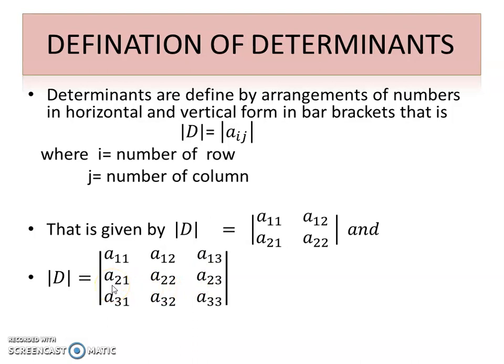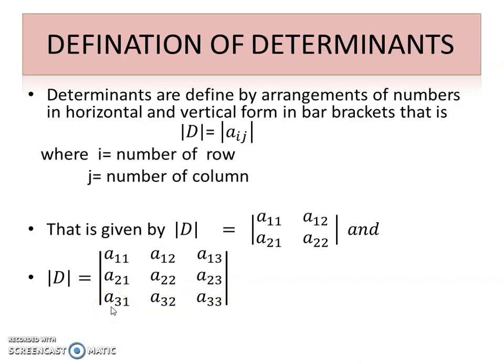The same trick applies for A21: it is the element available in the second row first column. A22 is second row second column. A23 is second row third column.